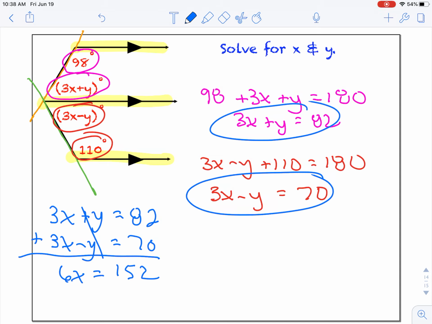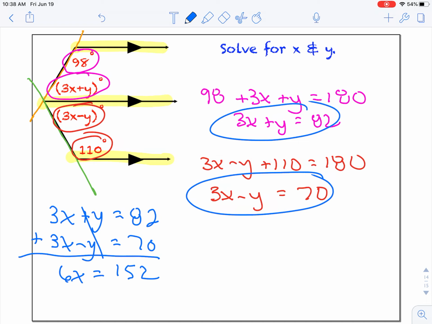So now 152 divided by 6 gives me decimal 25.3. Just checking my math here and make sure I didn't do a typo. I didn't expect to get a decimal, but I certainly can.